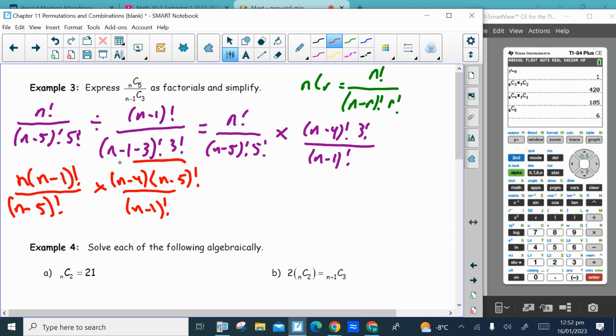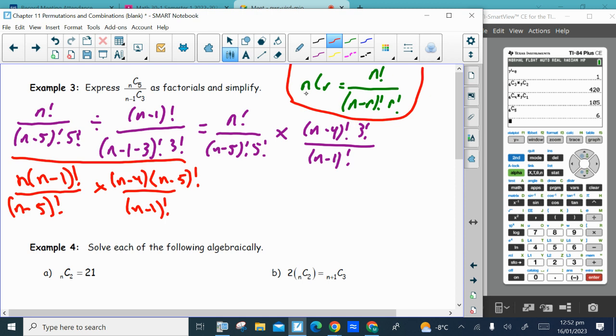Are you looking at this part right there? Well, this is the formula, and it was in the notes. This is the formula we're using right there. Well, n refers to what's in front of the C. So n factorial on top, and n is there.